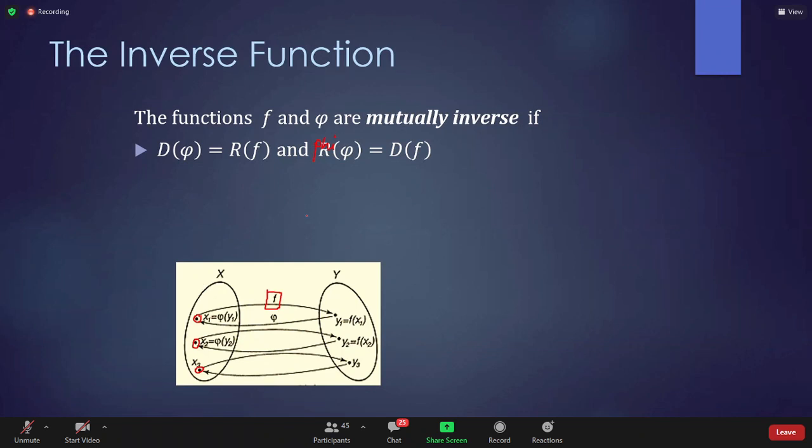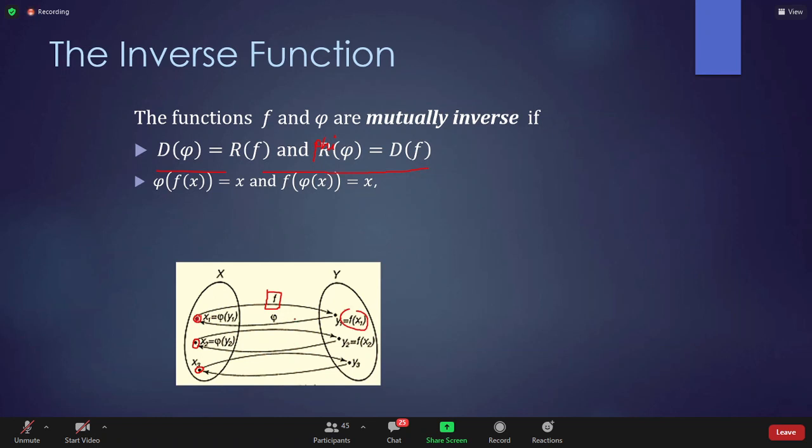In other words, first of all, inverse is when the domain and range exactly switch places. What is domain for one function becomes range for the other, and vice versa. That's an important moment. And then, of course, if you put the result of one function into the other function, that is, if you put the result of f function into the phi function, you should get back the exact same value.